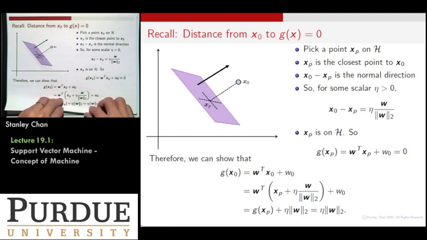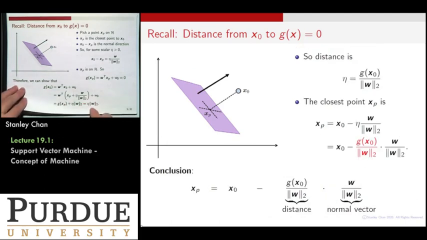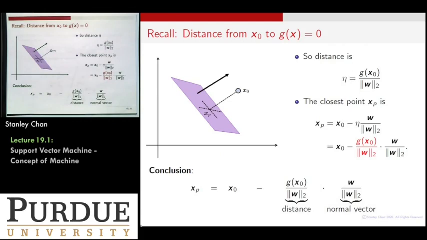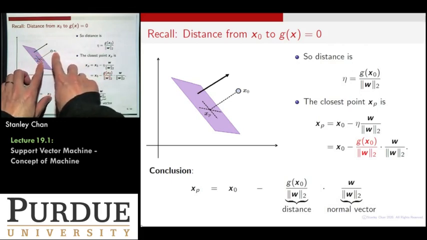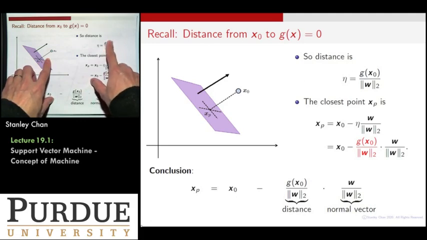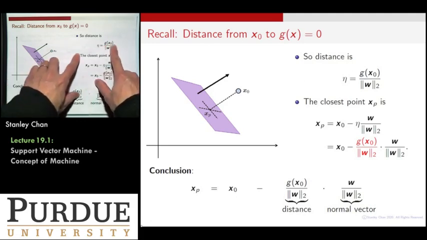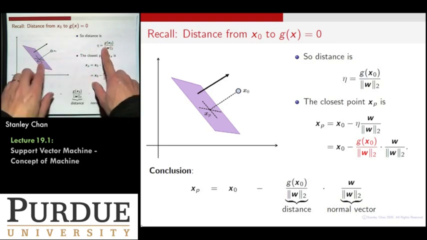Okay, so it shouldn't be too surprising. Once you get to this point, then you can show that the distance between this point x0 and the point on the plane xp is given by this ratio of g at x0 divided by the 2 norm of w. That's just a straightforward calculation from the previous slide.